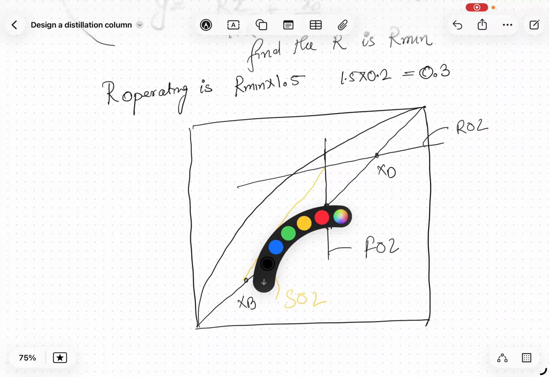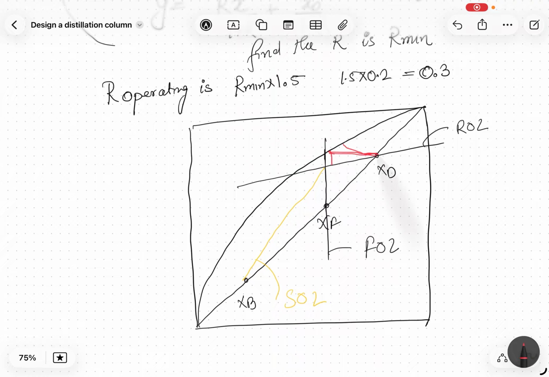Now I will draw the number of stages. This is my first stage. Then this goes there, and this is my second. The second stage is my feeding stage, because the feeding point lies there. Then I go to the third, then the fourth. So 4 stages are required, and xB will be more refined.